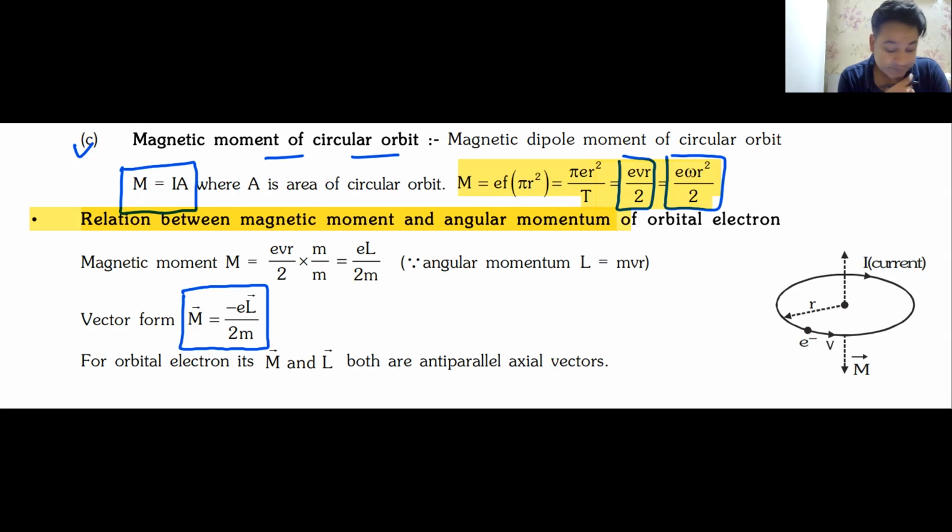Have you seen this formula? That means magnetic moment and L vector are anti-parallel axial vectors for an orbital electron. Please note it down.